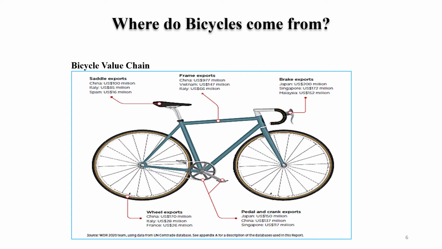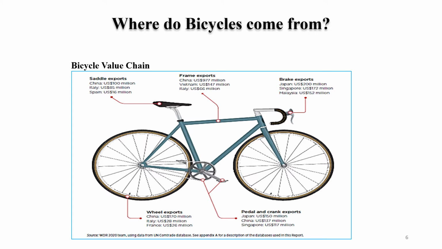So let us concentrate on this particular figure, which is a bicycle, and let us try to understand GVC from the production process of a bicycle. As the picture depicts, the bicycle has different parts, and these different parts can be produced in different countries.